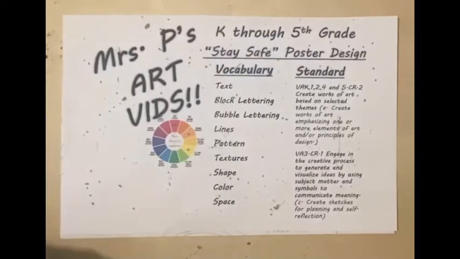And that message was up to you. My message, something that I am advocating for now, is helping us all stay healthy and stay safe. And so I decided to do a stay safe poster. But again, it's completely up to you. Think of a cause, something that is important to you that you want to support through art. And so we are going to take it from there.